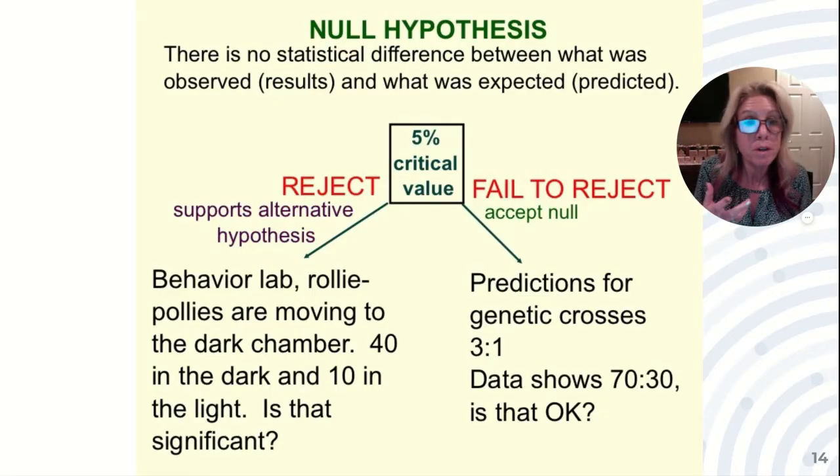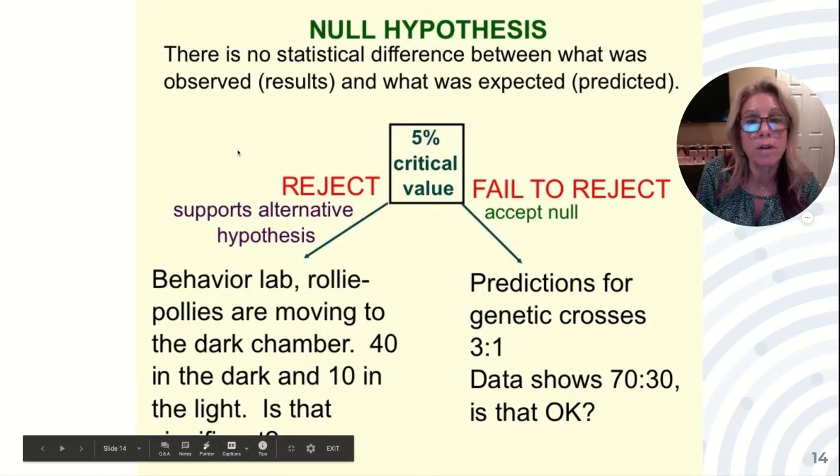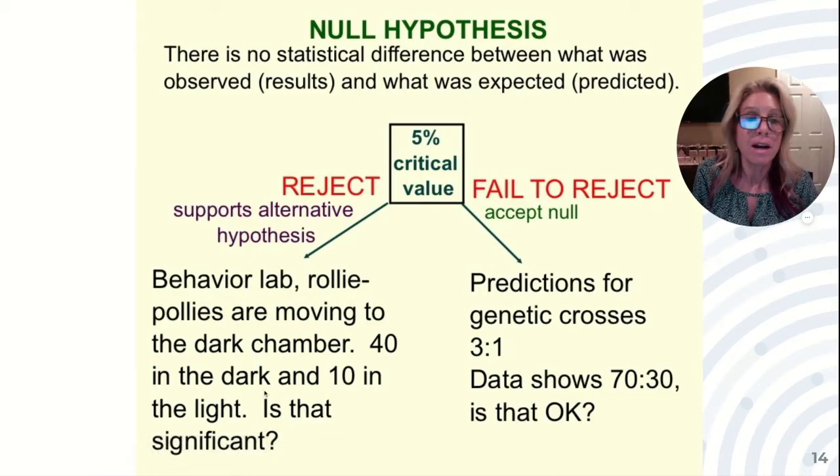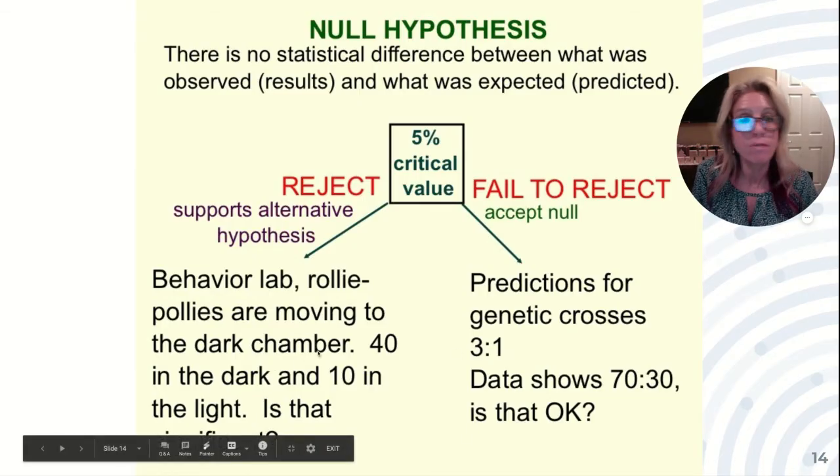Well, it turns out I got 40 and 10. So if you do observed minus expected here, that is going to be a very low probability. In that case, I would reject my null and support an alternative hypothesis, that roly-polies prefer the dark. And feel free to do the math on both of those for a review.